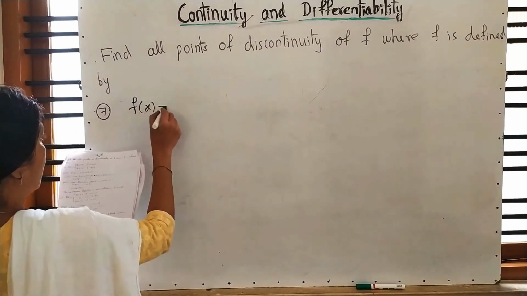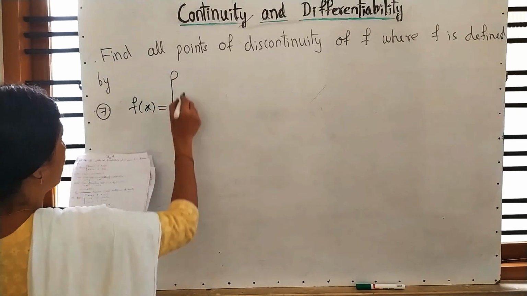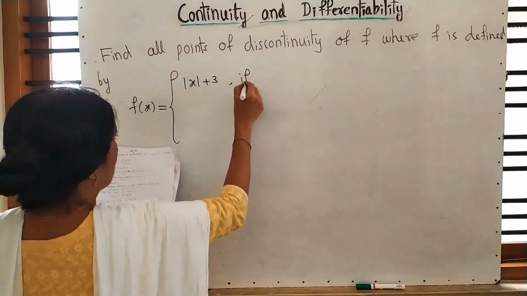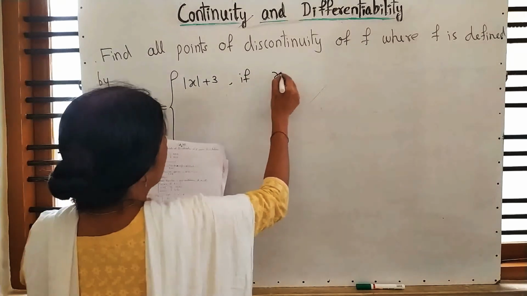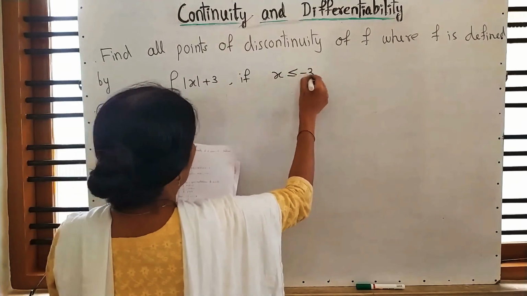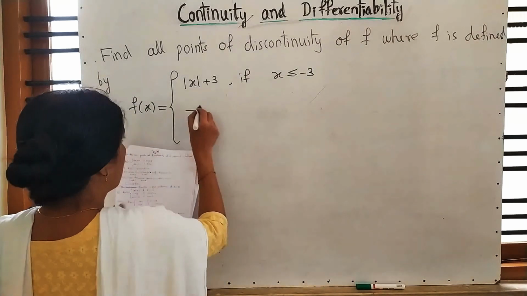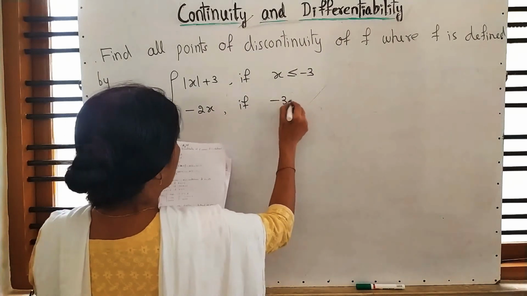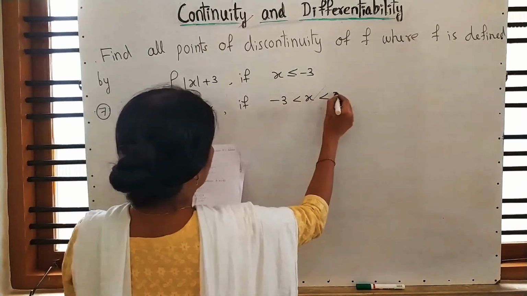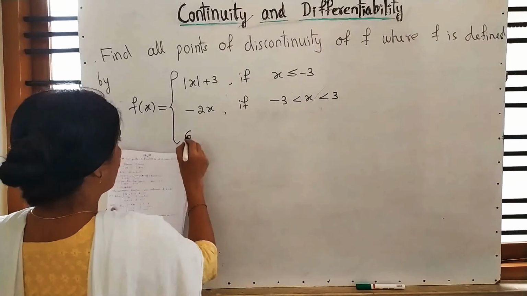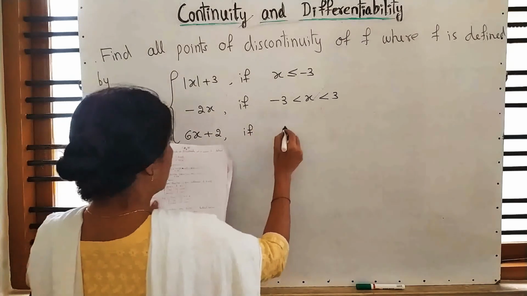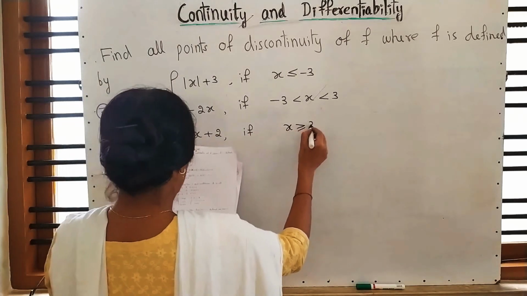F of x is equal to mod x plus 3 if x is less than or equal to minus 3, minus 2x if x is lying between minus 3 to plus 3, 6x plus 2 if x is greater than or equal to 3.